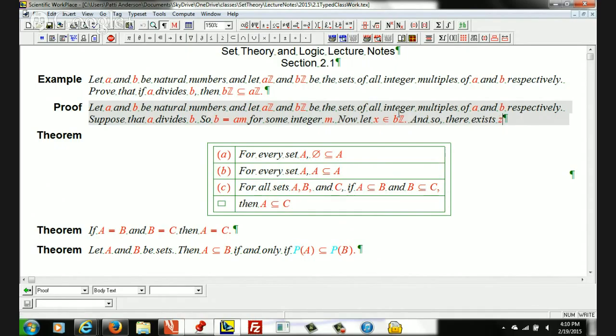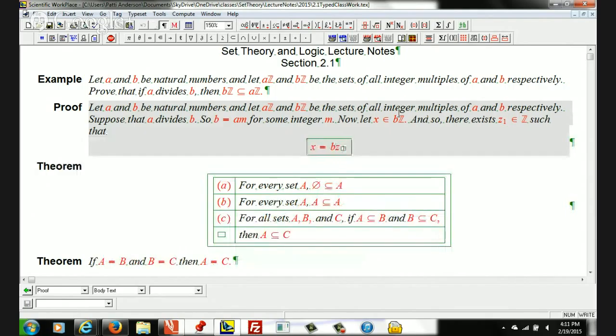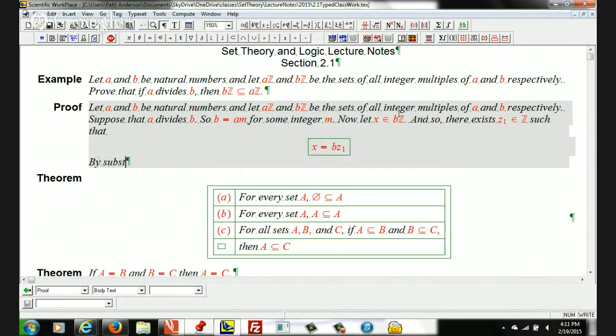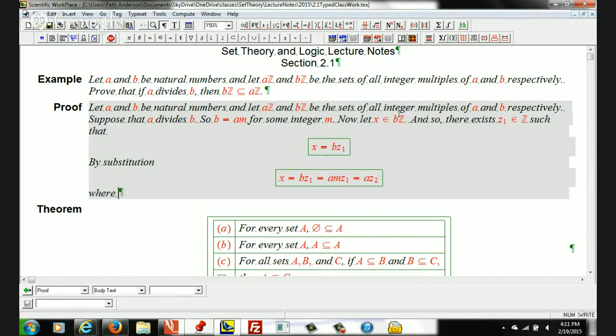There exists a z, we call it z1, in the integers such that x is equal to b z1. By substitution, what do we know? x equals a m z1. But that is equal to a times some z2, where what would z2 be equal to then? And that is an integer. What does that tell us?